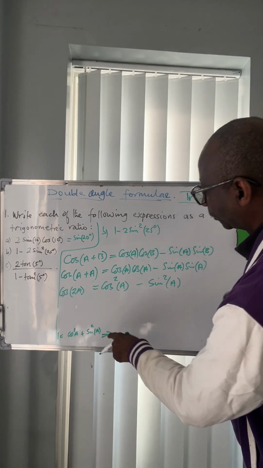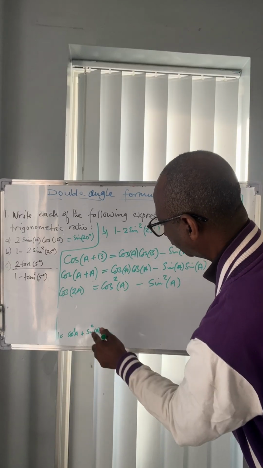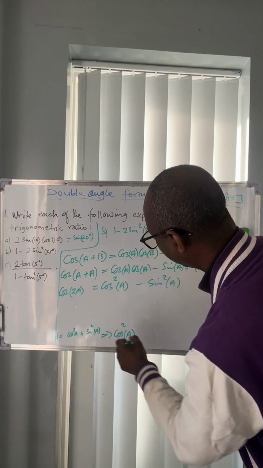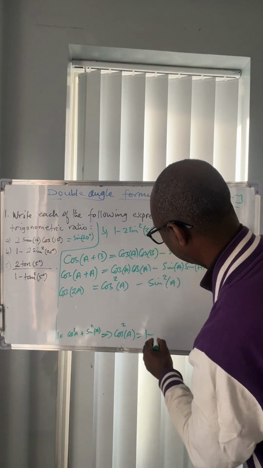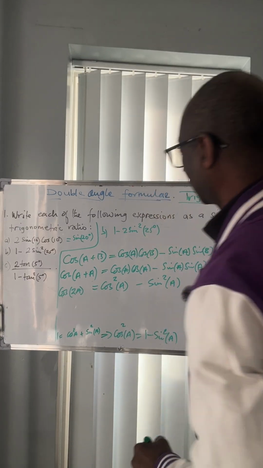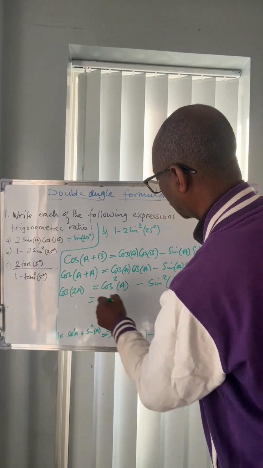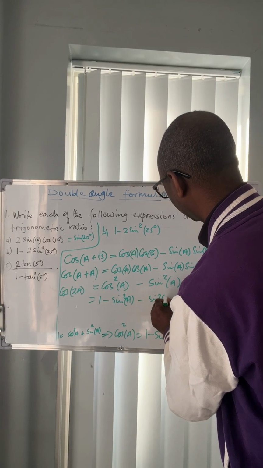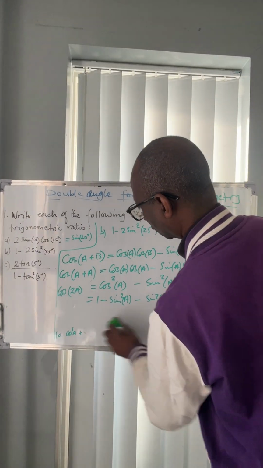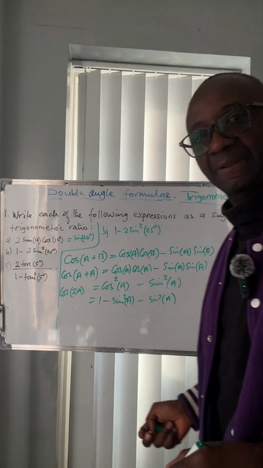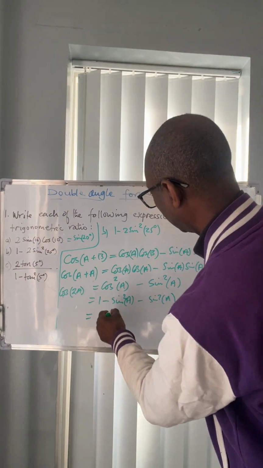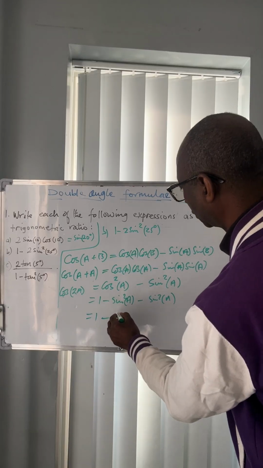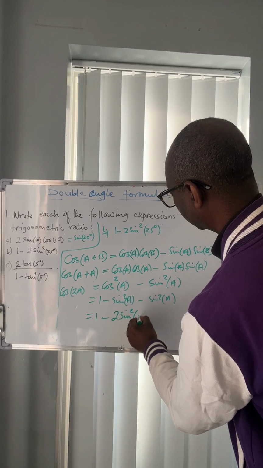From this formula, cos squared A gives you 1 minus sine squared A. So this problem becomes 1 minus sine squared A minus sine squared A. There's a 1 here, so this will give us 2 sine squared A.